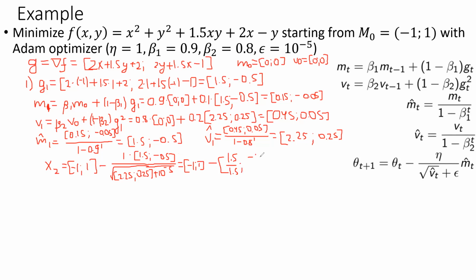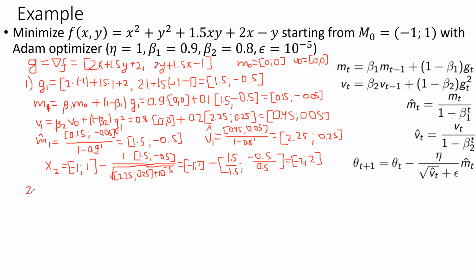And the second component will be negative 0.5 divided by 0.5, which is the square root of 0.25. So this division is all just 1 and -1. So -1 minus 1 will be -2. 1 plus 1 will be 2. So these are our new values.